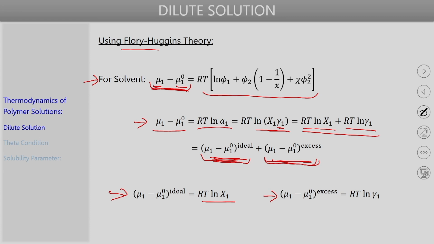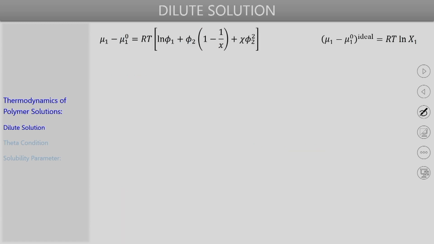So, we have these two expressions for the ideal and the excess components of the overall chemical potential difference, and let us just look at the expression for the overall actual chemical potential difference and the ideal term in that chemical potential difference. So, let us look at these two terms in a bit more detail. In both these terms we have ln terms appearing: ln of phi 1 here and ln of x1 here.